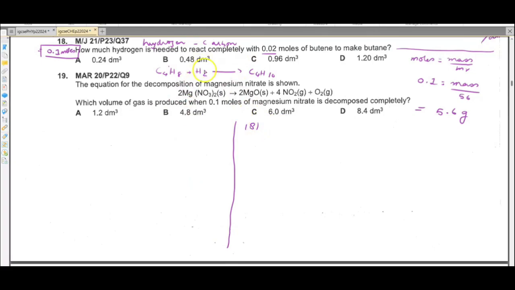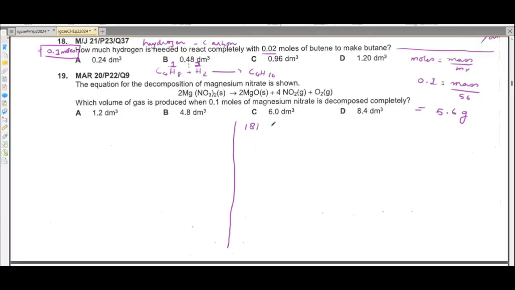Okay, we already have the moles. We don't need to do anything. We know that butene and hydrogen are in a ratio of 1:1. So the moles of hydrogen would be the same as butene. Okay? So when we need to find the volume of hydrogen, since it's a gas, we don't need to find the mass.